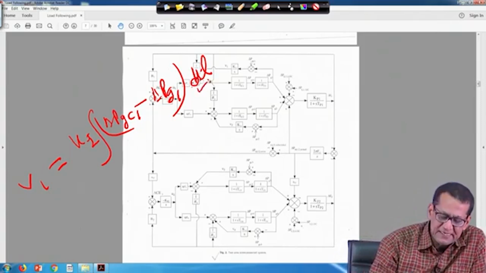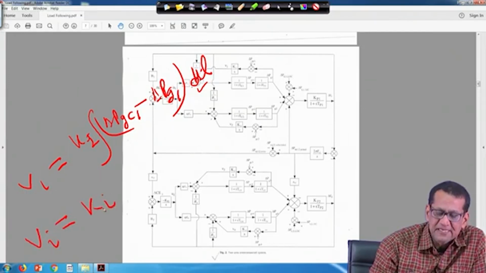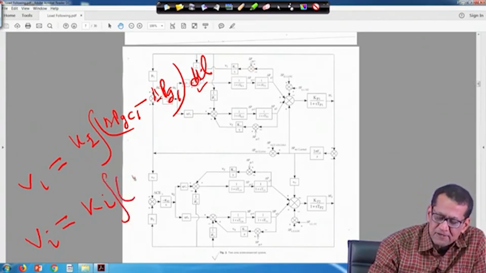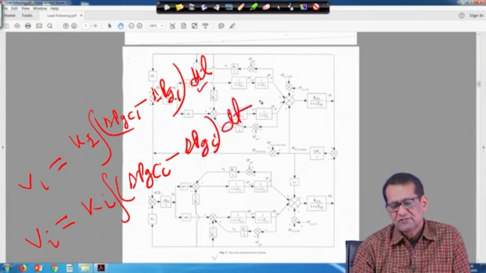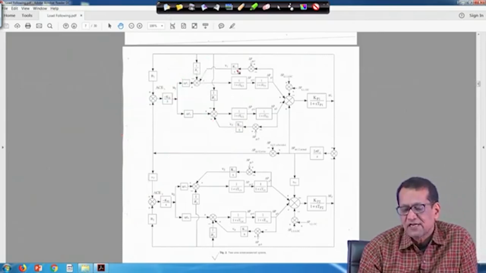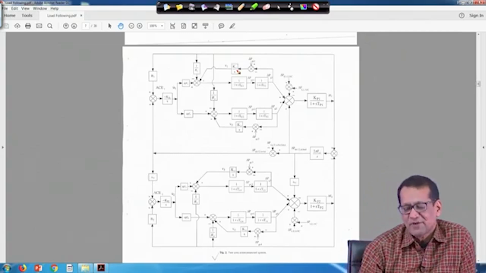In general, Vi for the ith unit is equal to Ki, the integral gain of that ith load following controller, times the integral of delta PGCi minus delta PGi dt, right. So, this load following controller will force generation to match the contracted power demand at steady state.